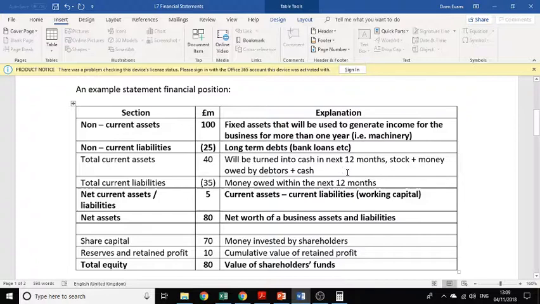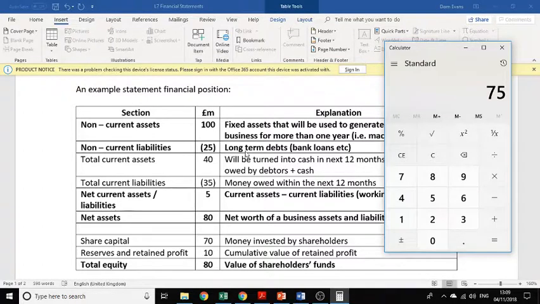They're going to be turned into cash within the next year, whereas my non-current assets are going to be used to generate income for the business for a period of over a year. So this business has 40 million worth of current assets. So that takes our value of the business up to 115. Let me just check that again. Okay, so 115.